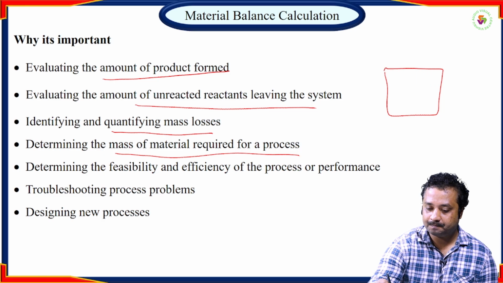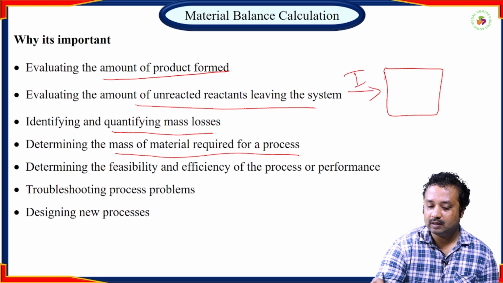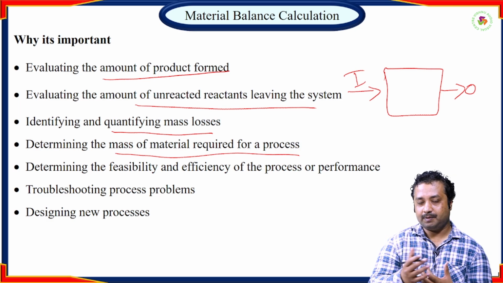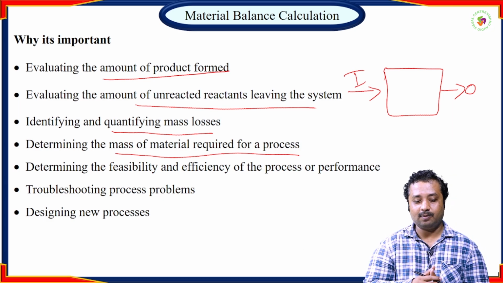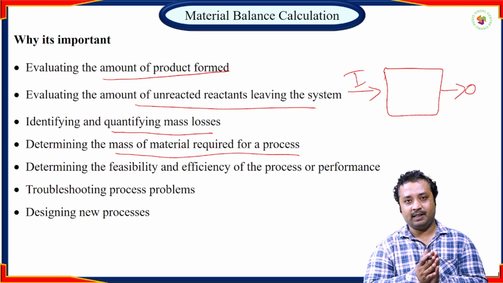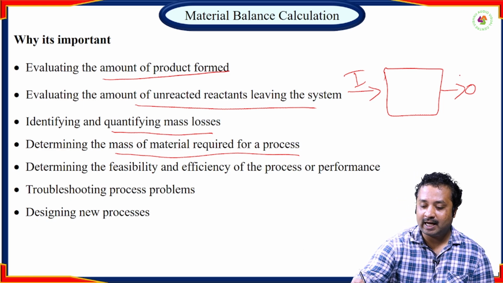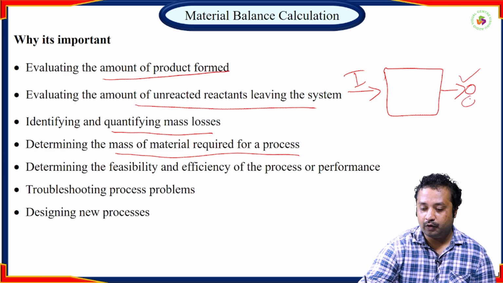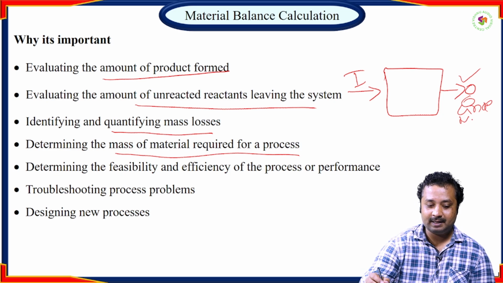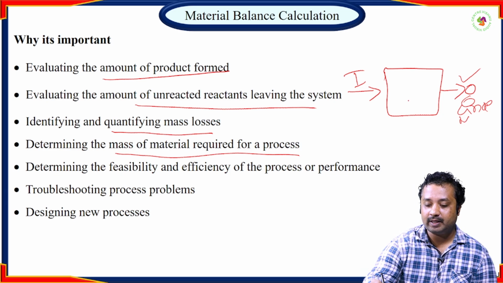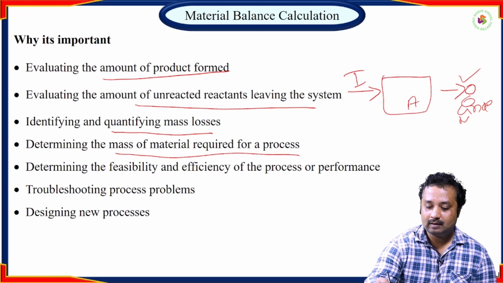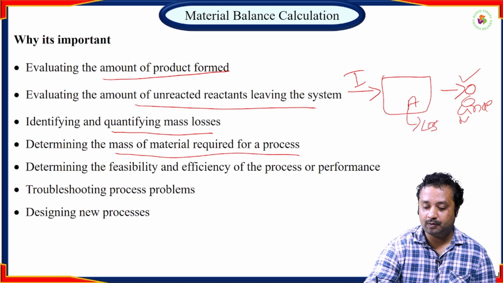Suppose this is the system, we give some input and some output will be there. By doing this material balance calculation, we can get an idea about the amount of product that may be formed, the amount in the output of whatever unreacted or unprocessed material is there, and the amount of material accumulated or lost in the system.